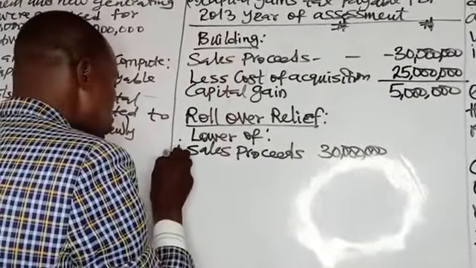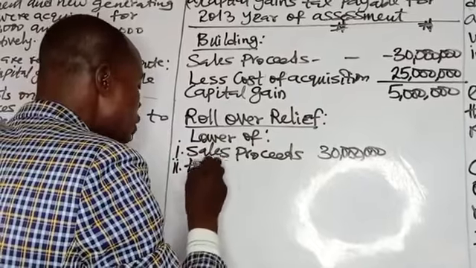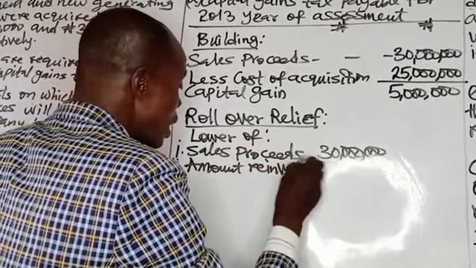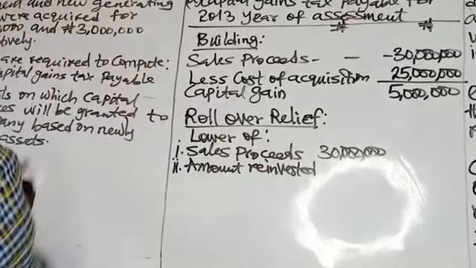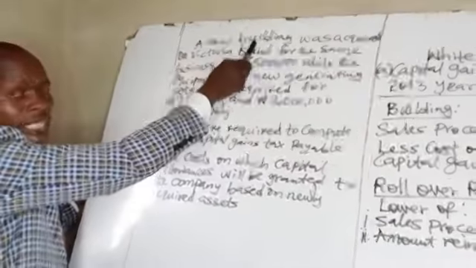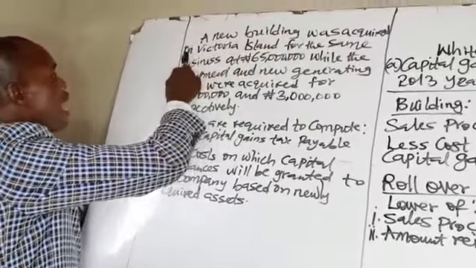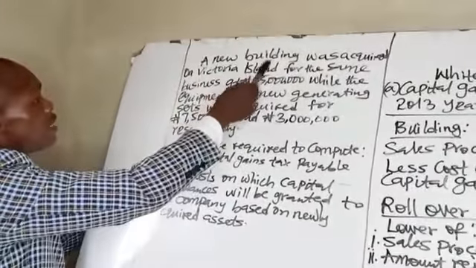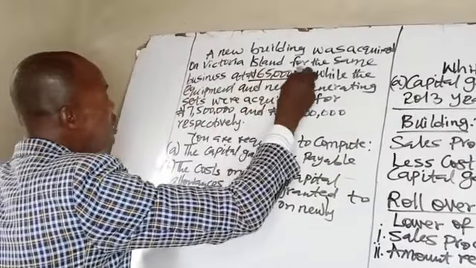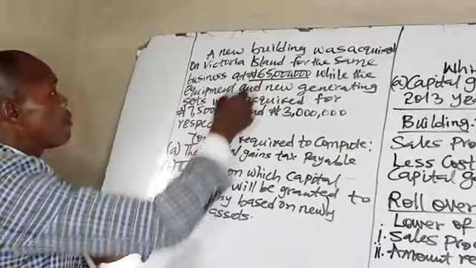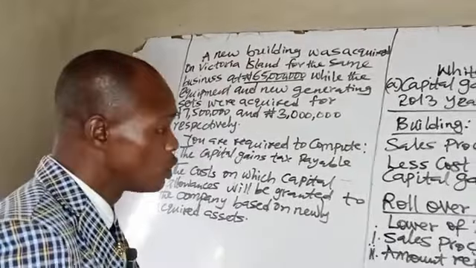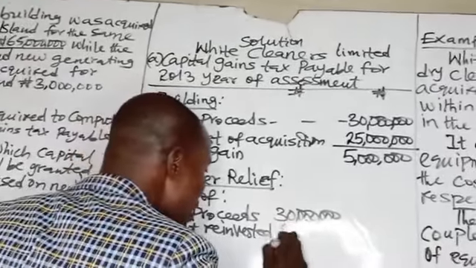Then two, amount reinvested. How much was reinvested? You were told a new building was acquired on Victoria Island for the same business at 65 million naira. So the amount invested in new building is 65 million.